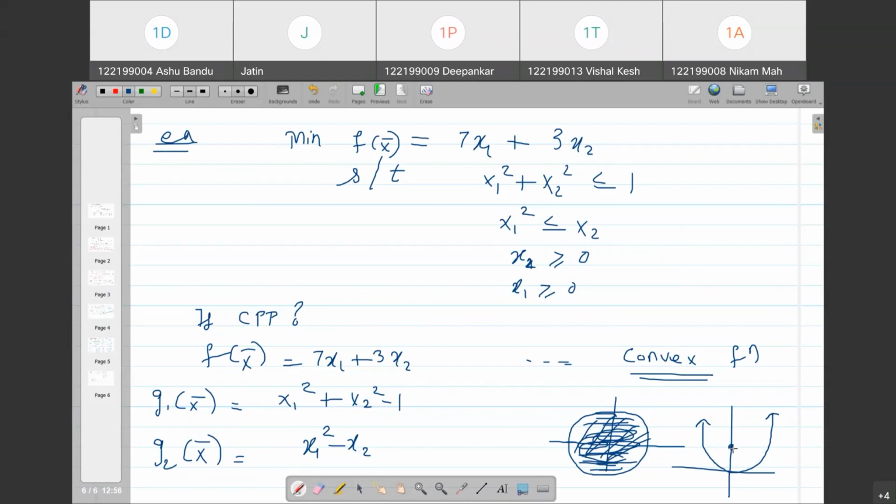Just take a point 0, 1. Does 0, 1 get satisfied here? x1 is 0 and x2 is 1.